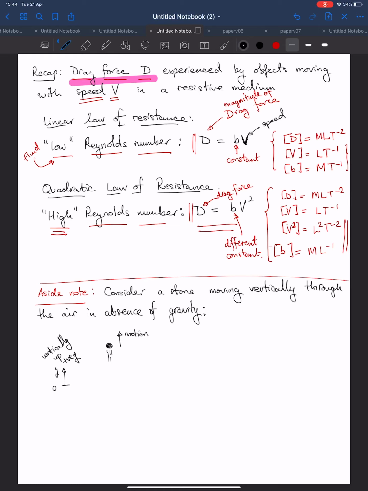I can say that my velocity vector v for this is equal to the following: v_y of t. So motion upward. v_y of t, so v_y is a function of t. That's my velocity.